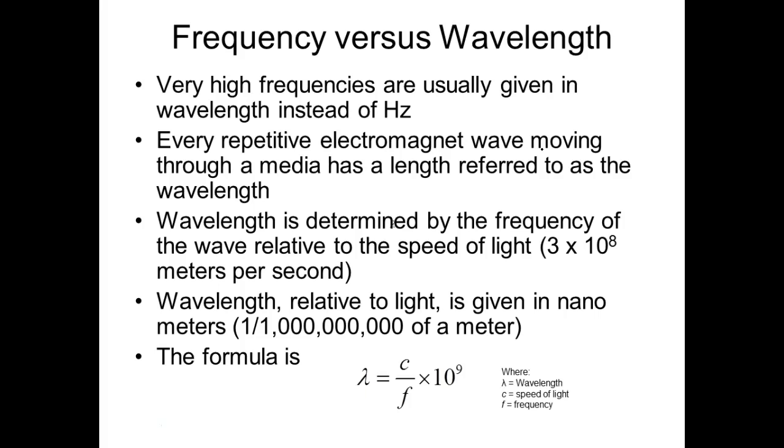So what I do is I take the frequency that I want to convert, I divide that by the speed of light, and then I multiply that by 10 to the 9th, and then that'll be the answer in nanometers. Y'all understand that? Yes or no? So when you buy a fiber optic cable, or when we talk about fiber, they're going to give the light that system is designed to handle in what we refer to as nanometers.